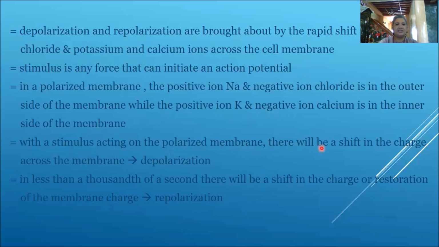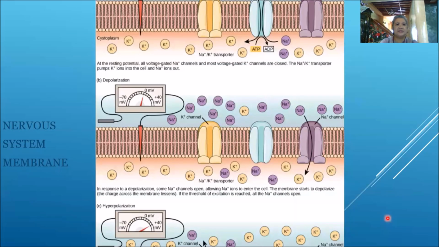Now, there will be a shift in the charge across the membrane to cause depolarization. In less than a thousandth of a second, there will be a shift in charge, or restoration of the membrane charge, causing repolarization, bringing back the polarized situation of the membrane.